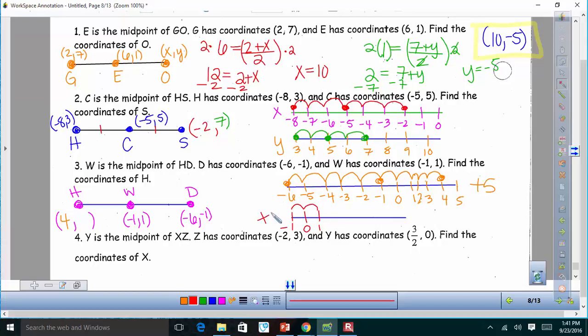So basically I added 2. So if I added 2 to 1, what would that give me? 3. So you could continue out your number line, or you could just add 2 to that middle number. Okay? So our endpoint would be 4, 3.